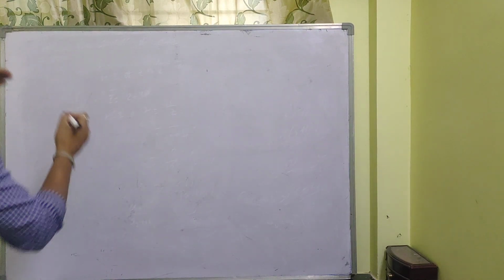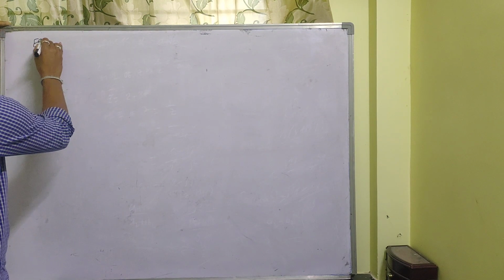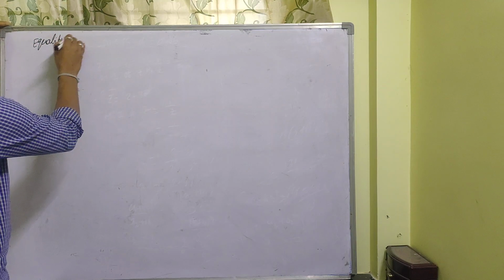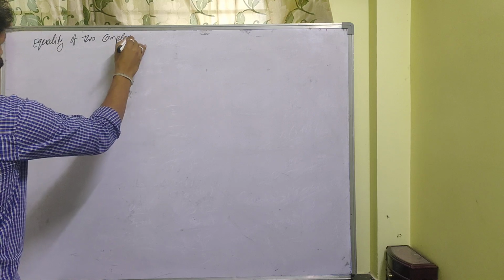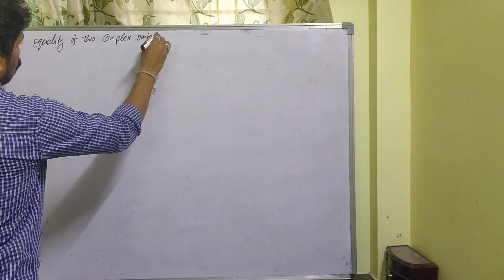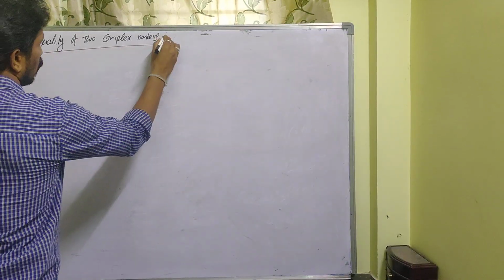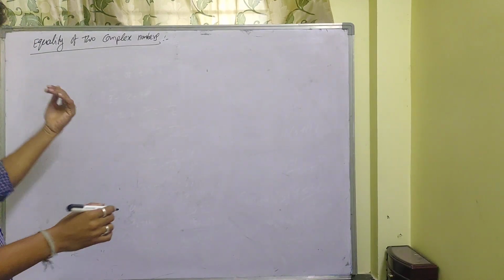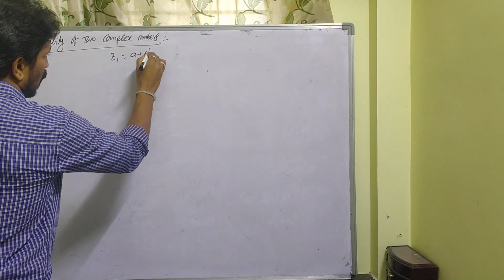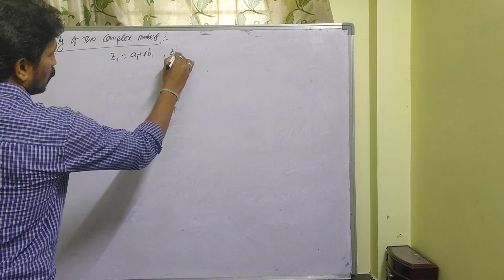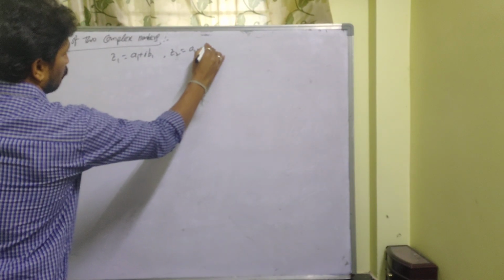Next concept is equality of two complex numbers. Let us take z1 is equal to a1 plus i b1, z2 is equal to a2 plus i b2.